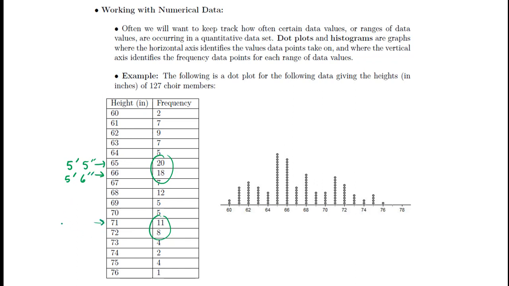This here is 5 feet 11 inches, and 6 feet. If you think about these heights, these are fairly typical heights for females and males. I think average height for females is like 5'5". So we're getting these peaks where in the population we would expect to see lots of people of that particular height.